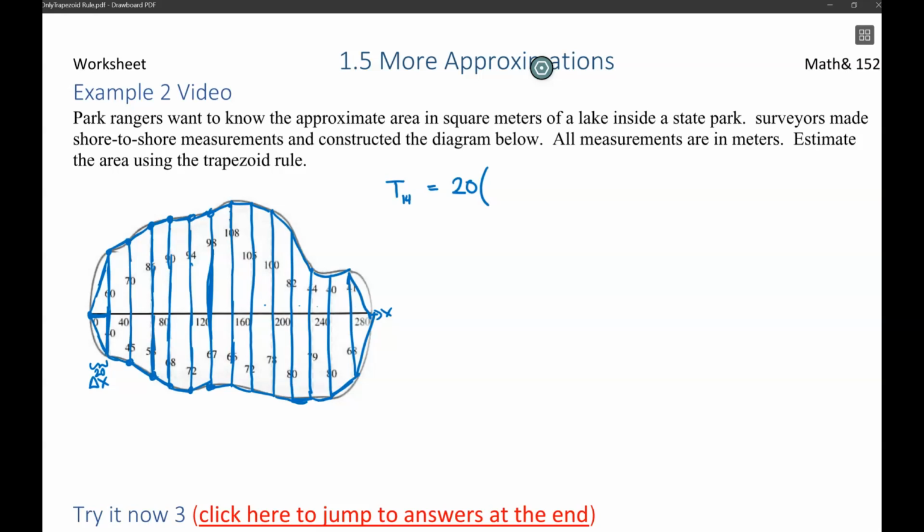And then we're just going to average the two heights, right? So we'll have 0, and then 60 plus 40 is 100. And then we can work our way through. So 70 plus 45 is 115.